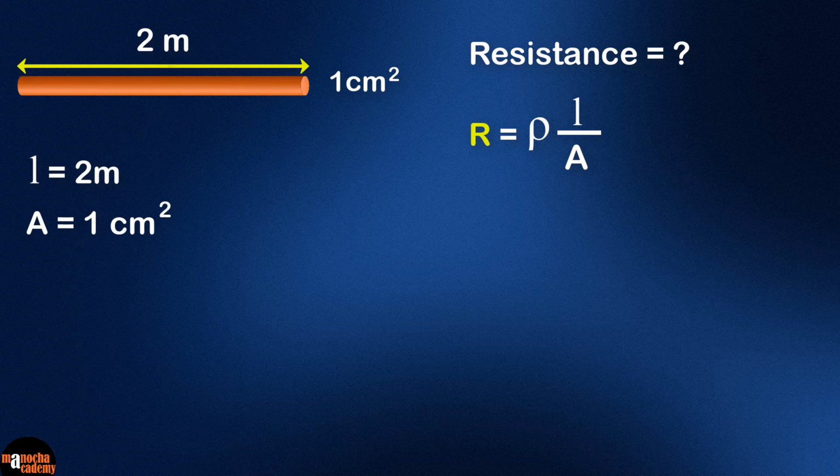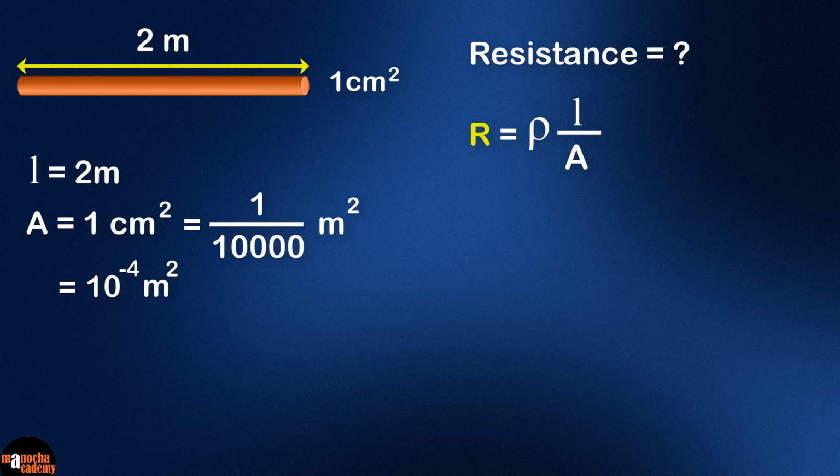Area A is 1 centimeter square, but we need to convert it into SI units. 1 centimeter equals 1 by 100 meter. So 1 centimeter square will be 1 by 10,000 meter square, which is 10 to the power minus 4 meter square.